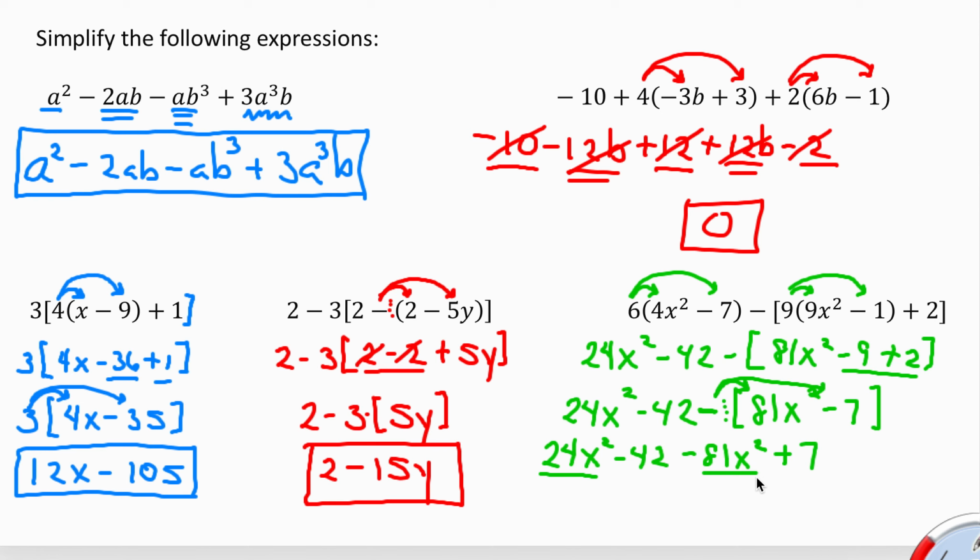24 minus 81. Signs are different means I'm really going to minus those numbers. So if I have to come over here to subtract those numbers, that's fine. 11 minus 4 is 7. 7 minus 2 is 5. And you keep the sign in front of the big one.